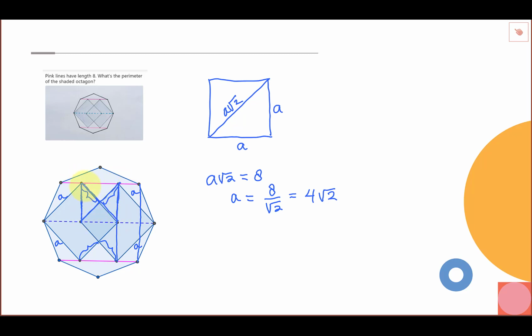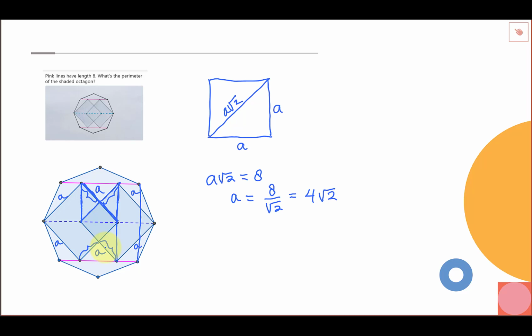Since this one is of length A, this is half of A, and this one is half of A as well. So the sum of the two is equal to A. Similarly, the sum of this segment and that segment is equal to A.